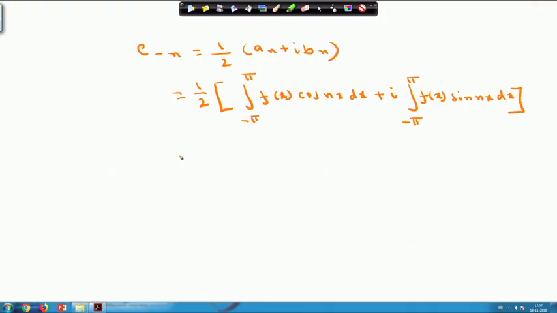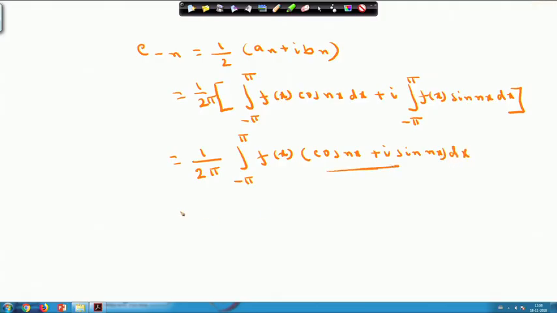Following the same process, I can bring 1 by twice pi here, because for a n and b n 1 by pi is coming. So, it is 1 by twice pi integral from minus pi to pi f x into cos n x plus I sin n x dx, and I can replace this cos n x plus I sin n x by the e power form. So, I can write this equals 1 by twice pi integral from minus pi to pi f x into e power, it is plus, so e power I n x dx.